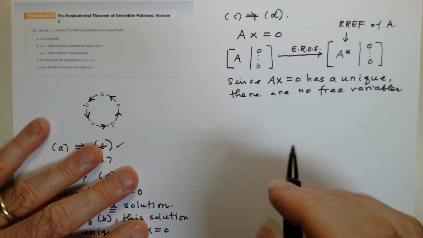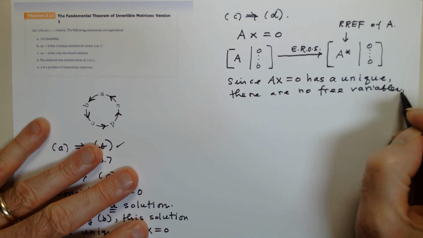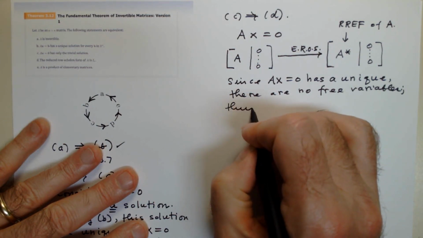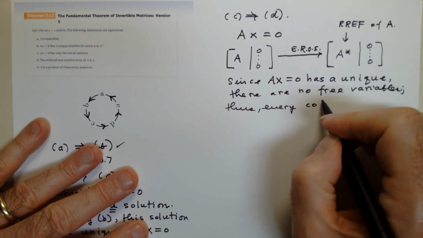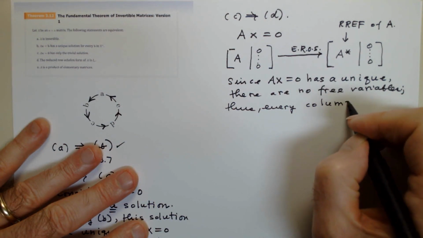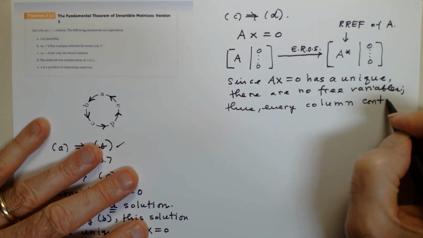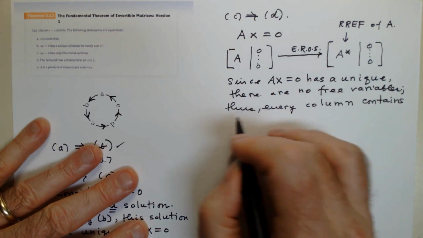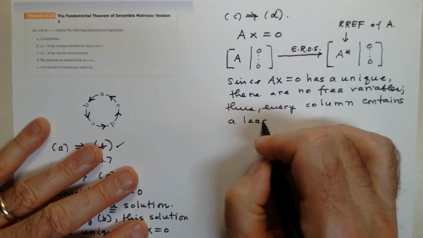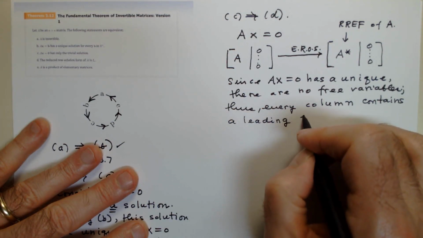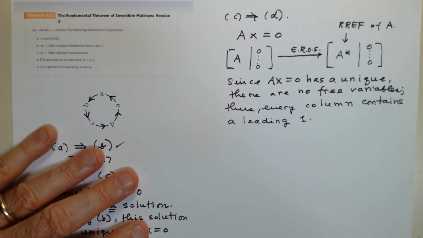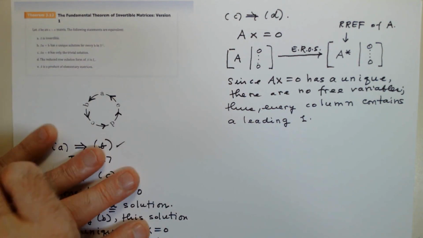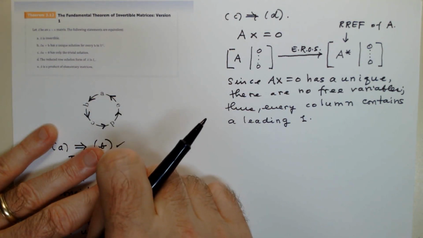And what does that mean? It means that every column contains a leading one. Okay? But the number of columns and the number of rows are equal because our matrix is square. So every column contains a leading one.